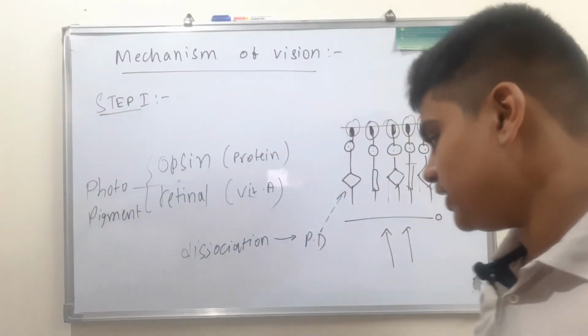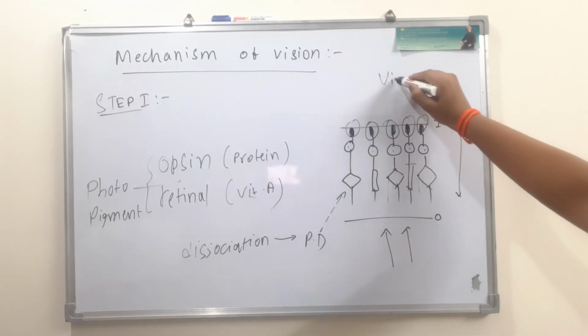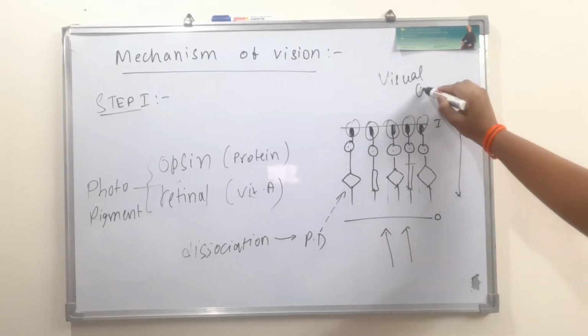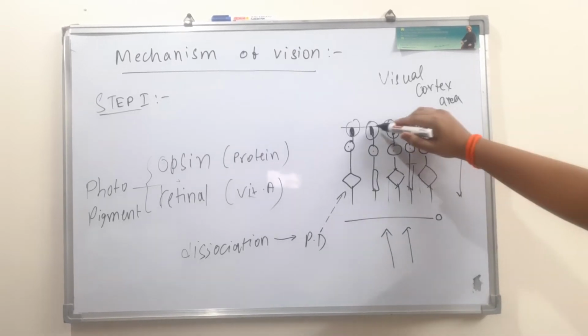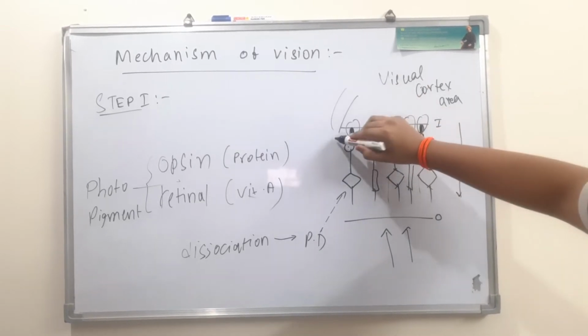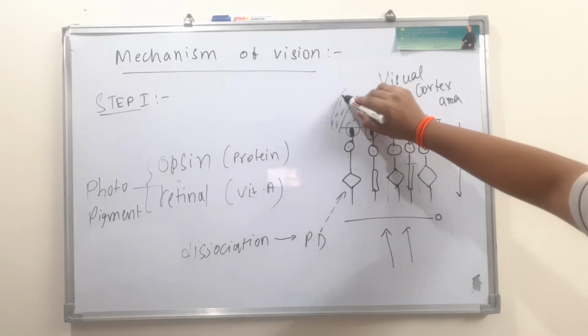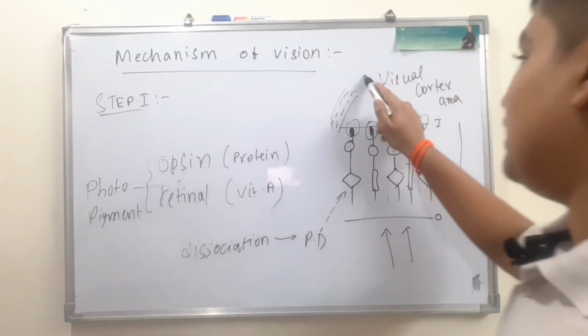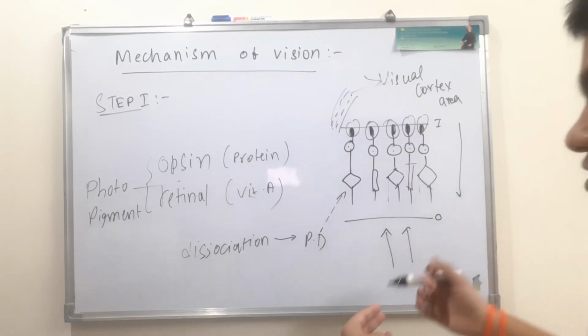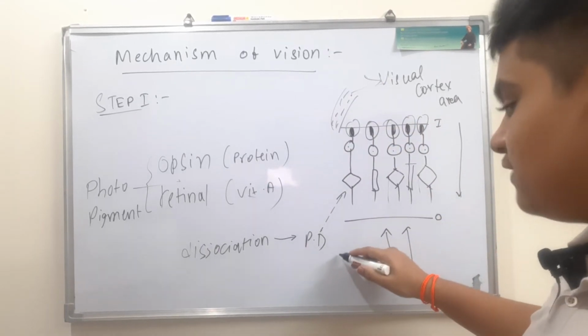They are carried to the visual cortex area of the brain, where the optic nerve enters with all the blood vessels and nerves with the signals. There the image actually forms inverted.